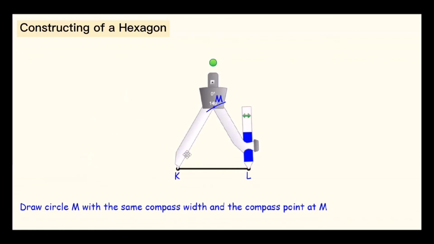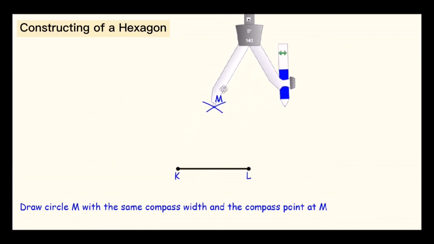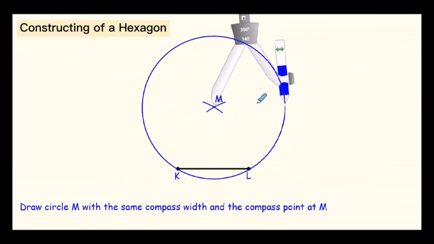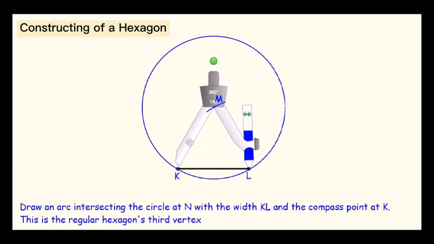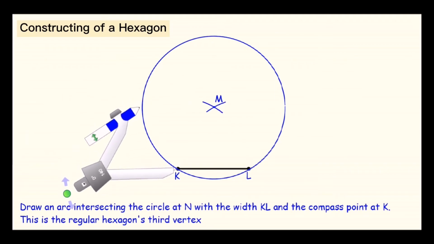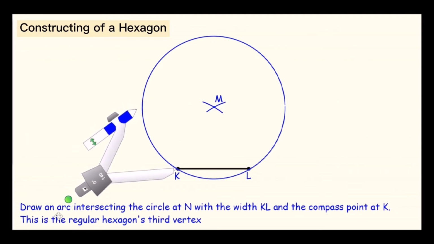Draw circle M with the same compass width and the compass point at M. Draw an arc intersecting the circle at N with the width KL and the compass point at K. This is the regular hexagon's third vertex.